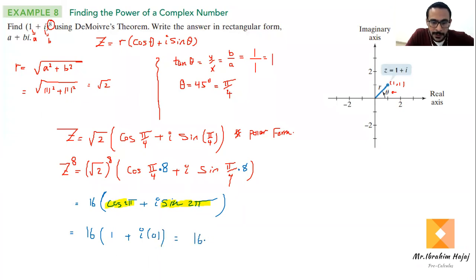So it's 16 times 1, distributive property, gives 16, plus 16 times 0 is 0 i. He's asking you to leave your answer in rectangular form a plus bi. So a is 16 and b is 0. A is the real part, 16, and b represents the imaginary part, which is 0.